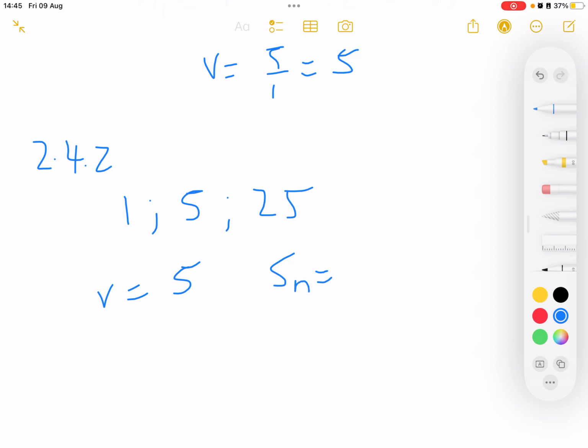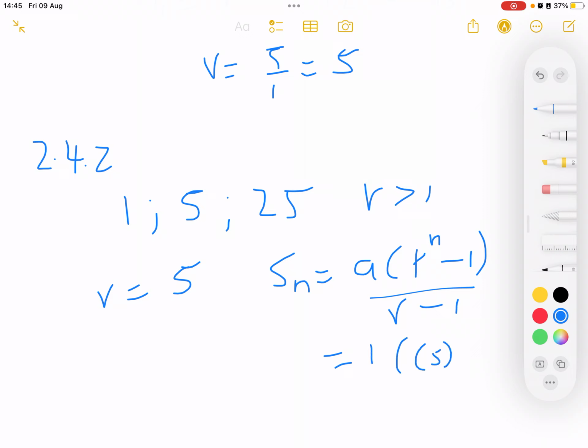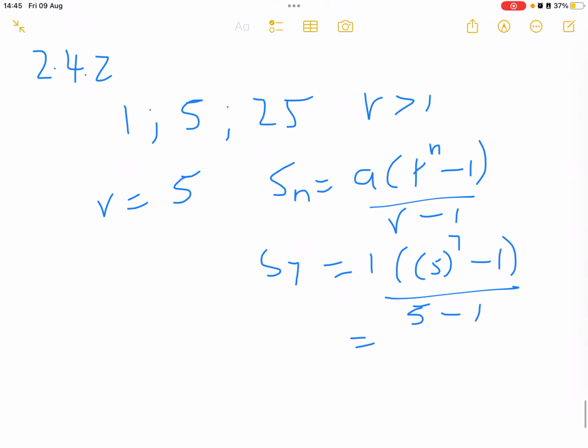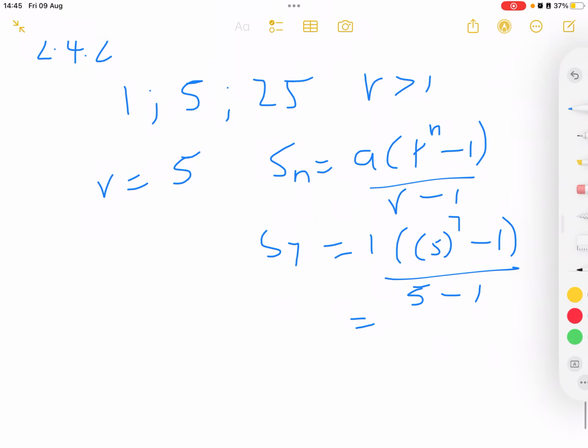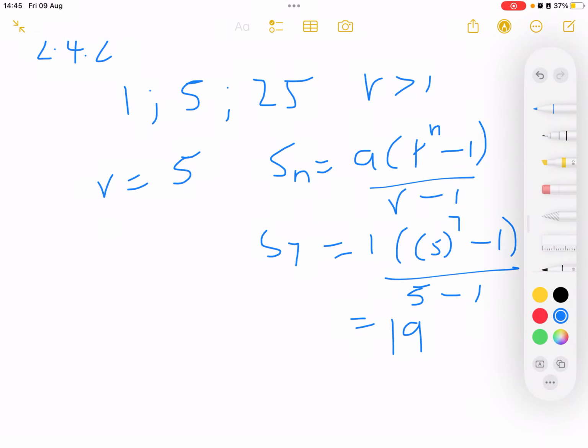For Sn, where r is greater than 1, we use Sn is equal to a(r to the power of n minus 1) over r minus 1. This is equal to 1, and then our r value is 5 to the power of 7, minus 1, over 5 minus 1. And then we find that S7 is 19,531.